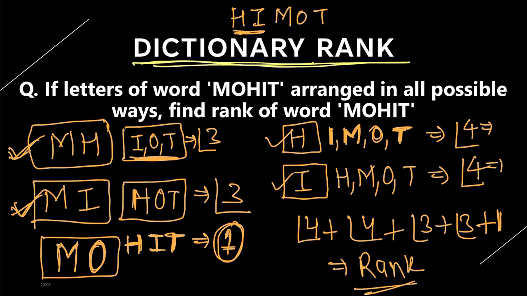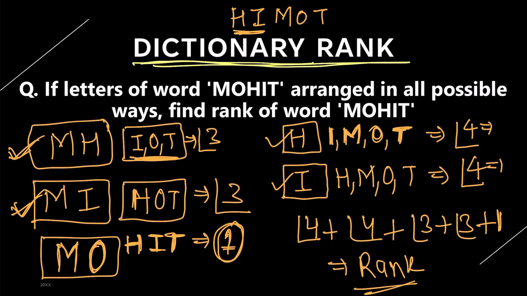Again, I want to say that such questions have not been seen in previous year questions, but since this is a topic we normally learn when we do CAT preparation, such questions could come in the exam. So I have just put in a dictionary rank question as well. You just have to understand that words are arranged in ascending order in a dictionary.